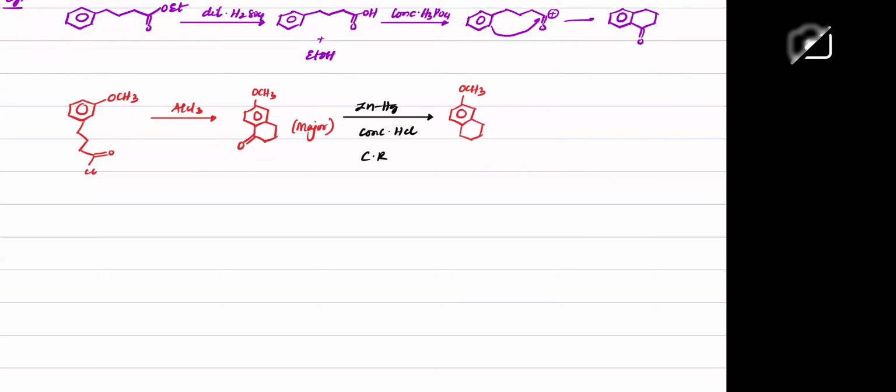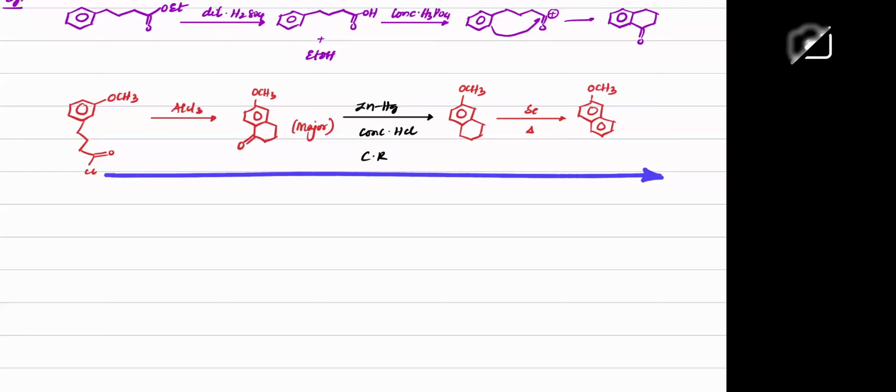And usually, whenever you have a cyclic structure, selenium and heat or sulfur and heat will convert that into an aromatic ring. Got it? So this is a very standardized question, that starting from acylation, you are going all the way towards naphthalene type of rings. Any doubt here? No, sir.